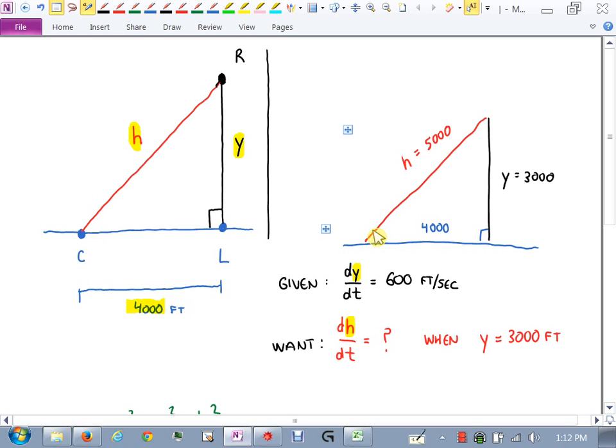Yeah. Yeah, see, and that's all going to depend on your drawing. So that's the challenge, I guess, in the problem: getting your drawing to go with what's happening. And, you know, there are different ways people can draw it, but we should all get to the same result.